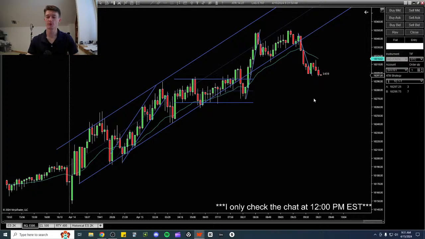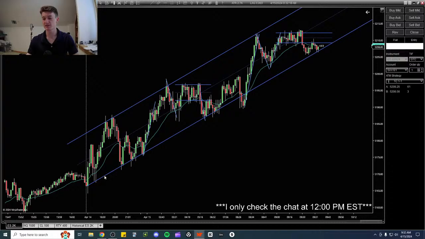So I'm not really looking for shorts unless there's a larger structure in play to the downside. The ES is coming back and testing this old trend line, and looks like it might be holding it as some support here.